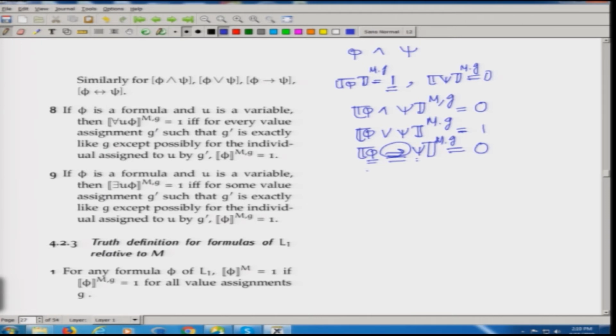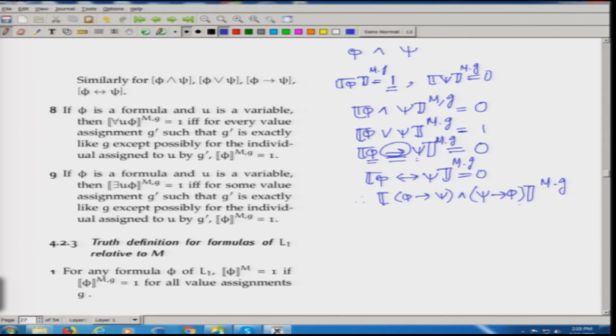And then finally we have both side implication or equivalence, which means nothing but it will be 0. It is because, as we have seen, that this means that phi implies xi and xi implies phi with respect to mg.